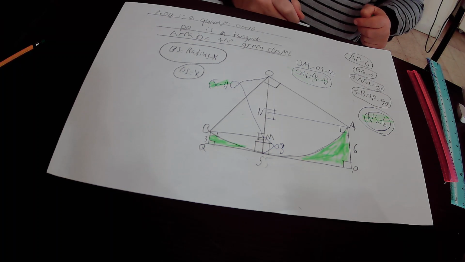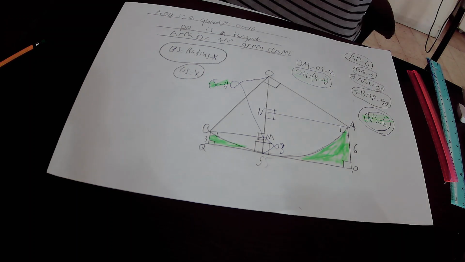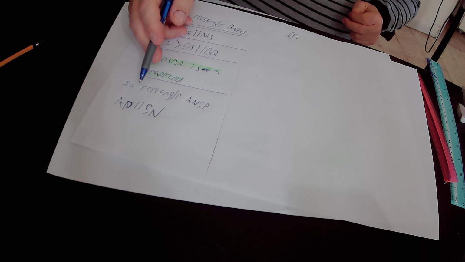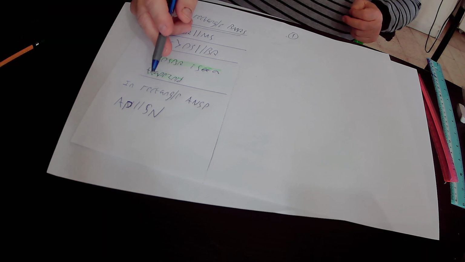Repeat again: in rectangle ANSP, side AP is parallel to the opposite side, side SN.